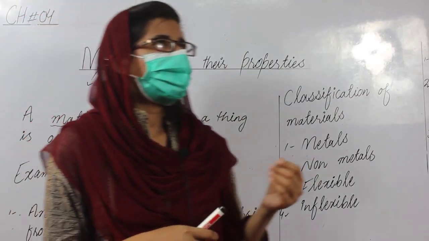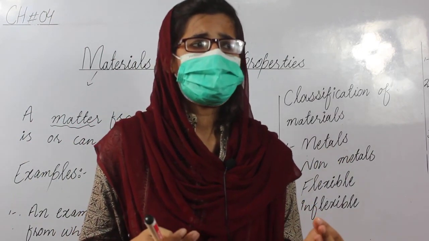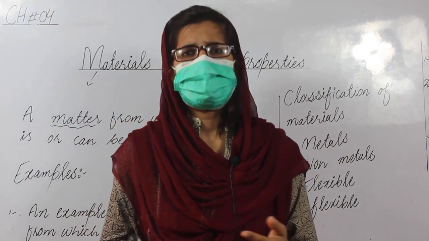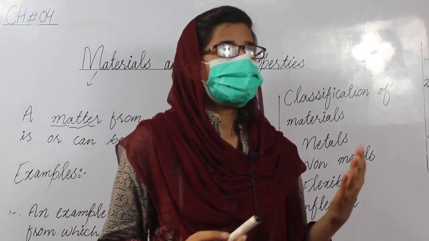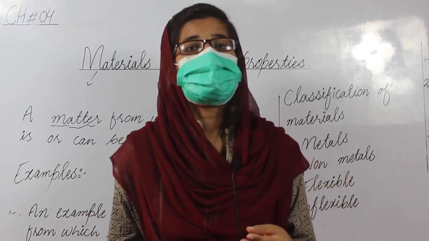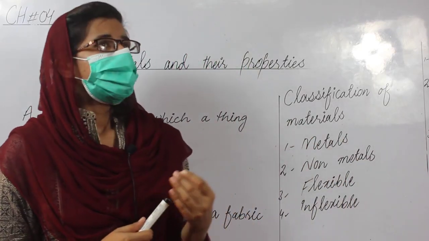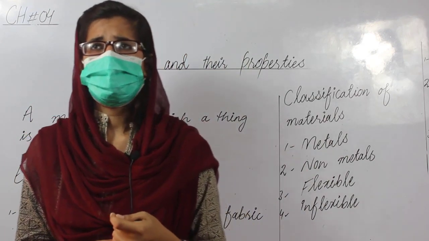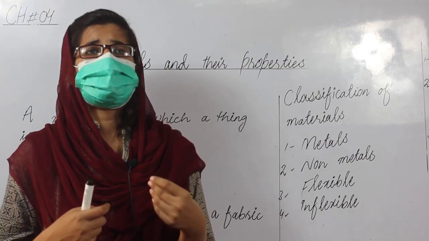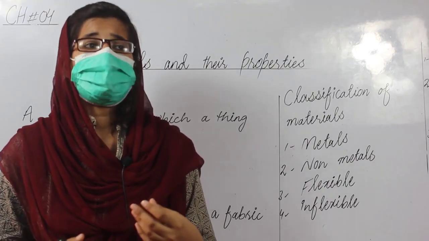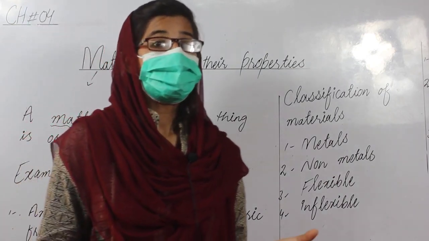Metals are used in wires and in transportation, in cars and buses, because they are shiny in appearance, and mostly you see that transportation materials are shiny. Non-metals include oxygen, and we use oxygen for breathing. Chlorine is used to purify the water, and wood is used to make different things.